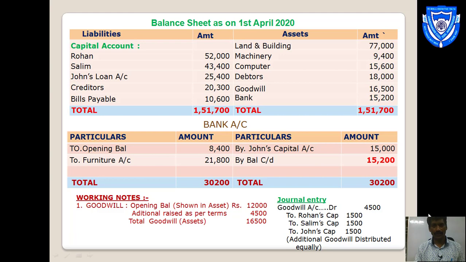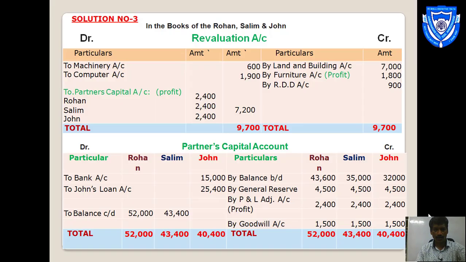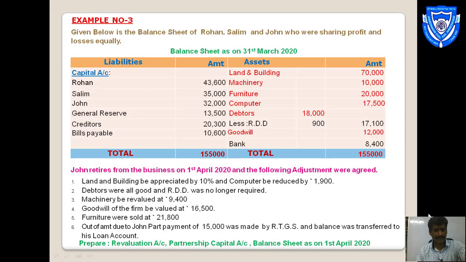We can show it on the asset side. You can see on the asset side bank rupees 15,200.